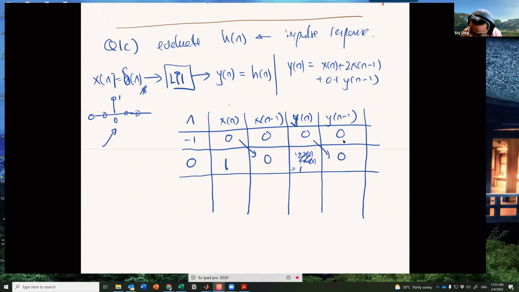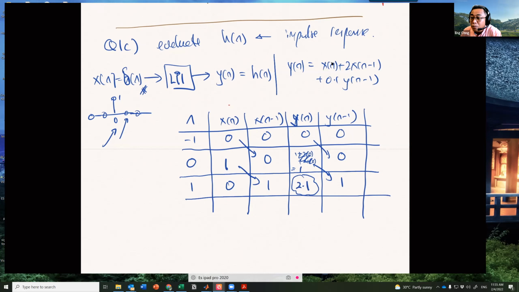Okay, now what about time 1? Well, my impulse goes from my input to this guy. And what about the new x of n? Well, the new x of n is here, so it's 0. Okay, my 1 moves to here. So now I can compute this guy here. So what's this value here again? Since I have x of n minus 1 and y of n minus 1, I plug into this equation and the answer is 2.1.